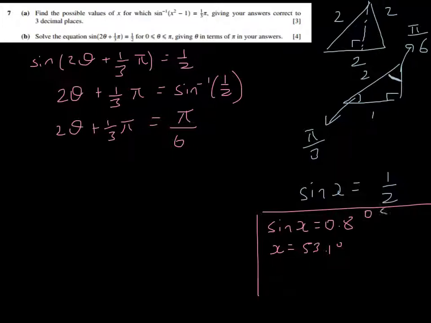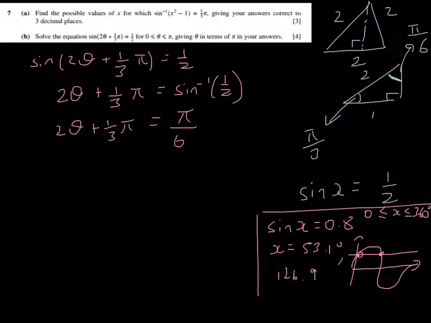So if I'd said to you the domain was between 0 and 360 degrees, you would find not just 53.1 degrees, but you would do yourself a little sketch of that curve. And you'd say, oh, okay, actually there's two solutions. There's one here, which is the 53.1 degrees, and then there's one here as well, which is going to be 180 minus 53.1. So let's just quickly get that. That would be 126.9 degrees as well.